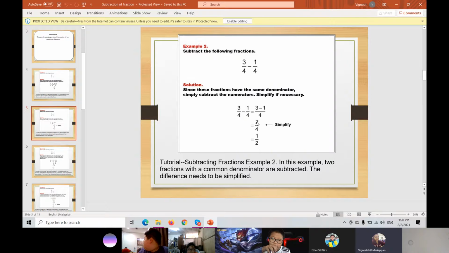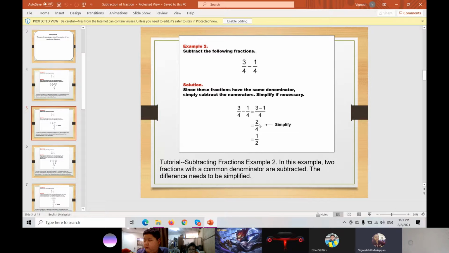I don't understand that one. If we simplify, why do you say you need to divide by 2? Can you divide 2 by 1? You try to start with 1.